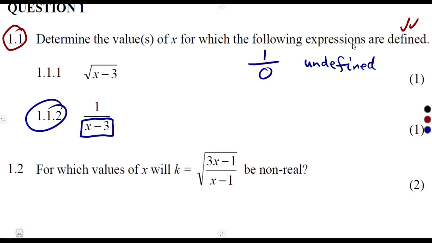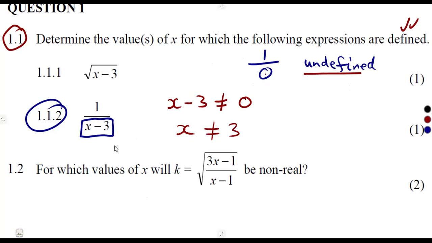So understanding the previous case, x minus 3 is not supposed to be equal to 0, because once it gives us 0, it becomes undefined. So take the minus 3 to the other side. X is not equal to 3. This is the condition.